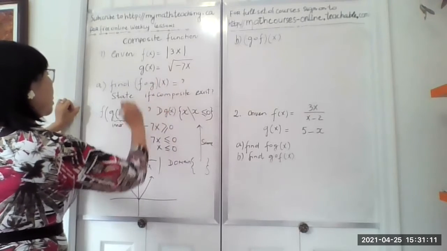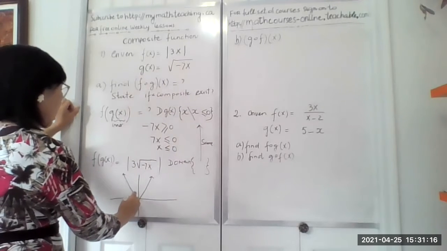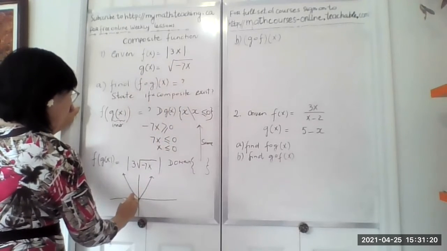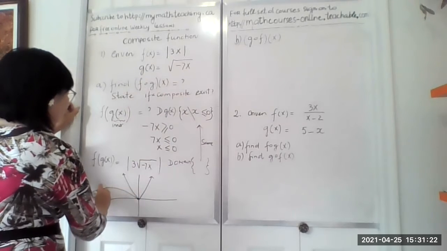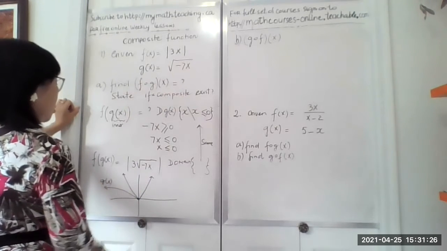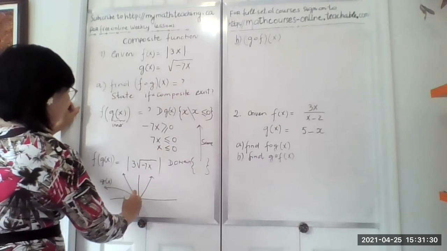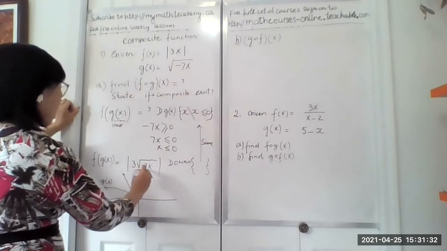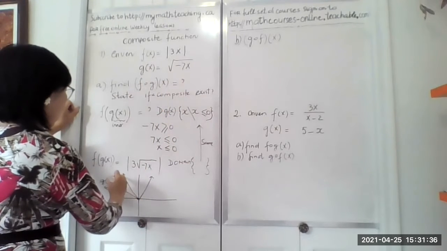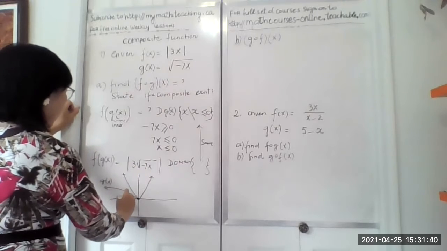Now the function g of x is the square root function, and it only exists when x here is negative. So this is the function g of x. Our new composite function will be exactly the same, except that any y value will be higher because it is multiplied by 3.